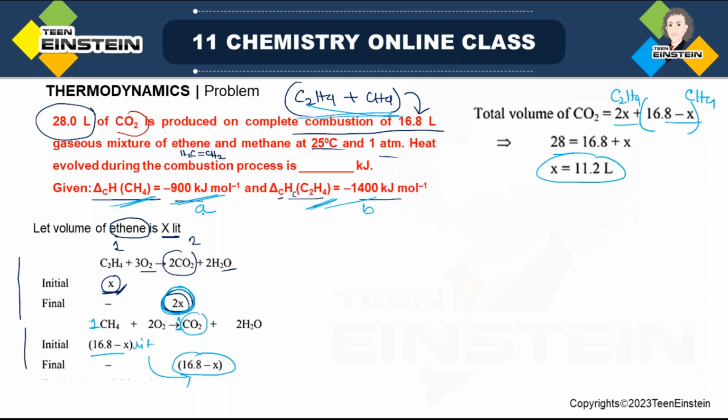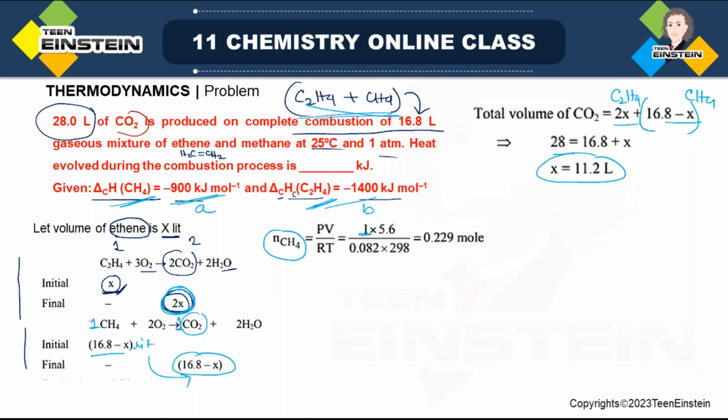So next step, you have to find the number of moles for these two hydrocarbons, two starting materials, C2H4 and CH4. How will you do so? You will simply use the equation PV equal to nRT. That is the ideal gas equation. From PV equal to nRT, first we will try to find out the number of moles of methane. PV equal to nRT means n is equal to PV by RT.